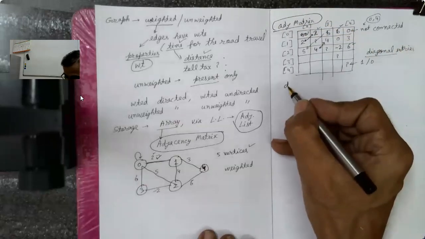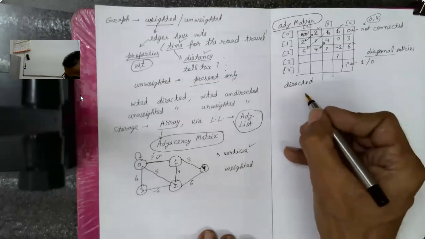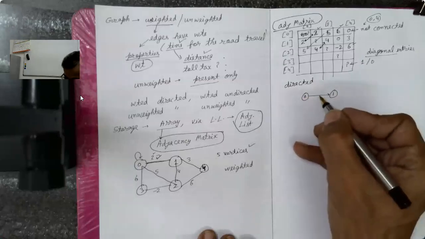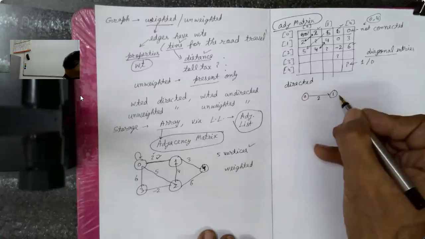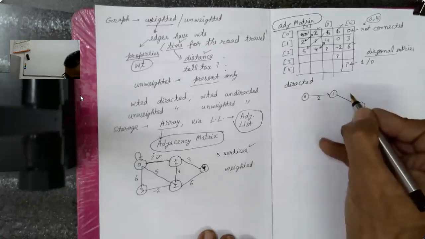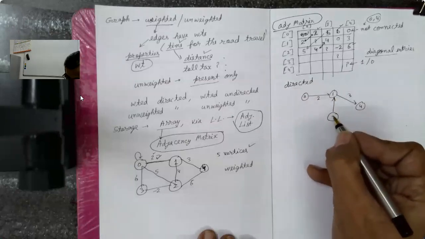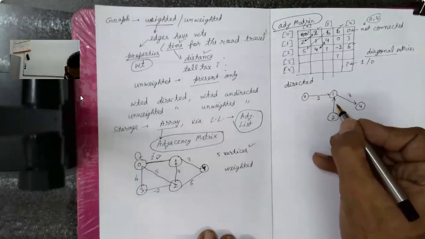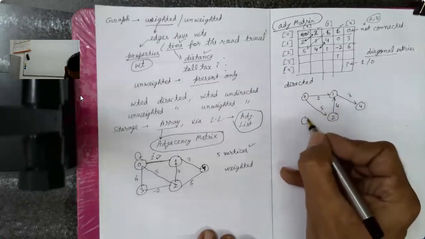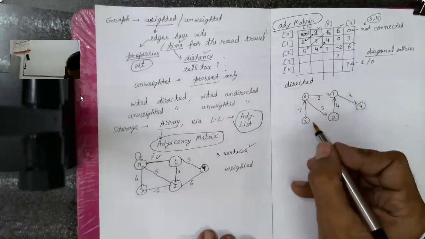If it was a directed graph, for example, directed means I have a connectivity from node 0 to node 1 via weight 2, from node 1 to node 4, let's say 3, from 2 to 1 via 4, 0 to 2 could be 5, 3 to 0 could be, let's say, 7, and that's it.